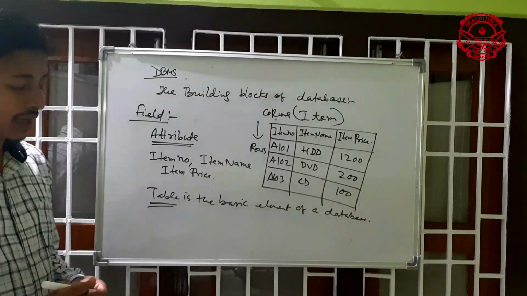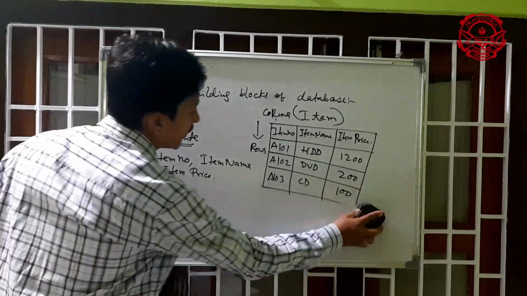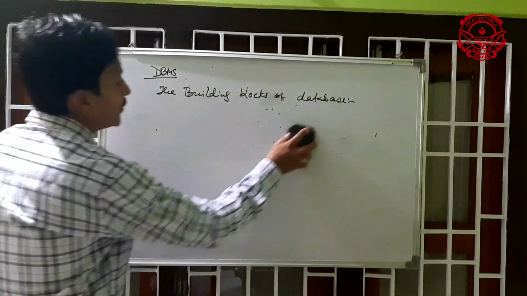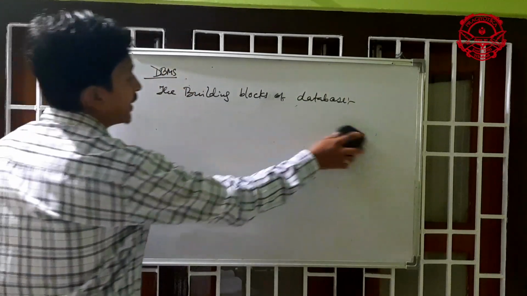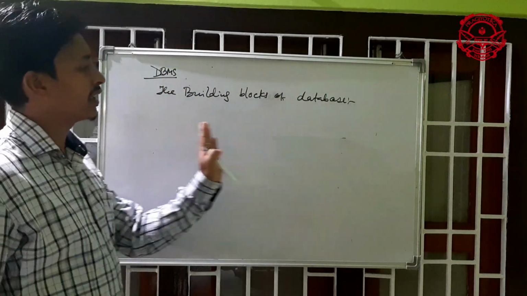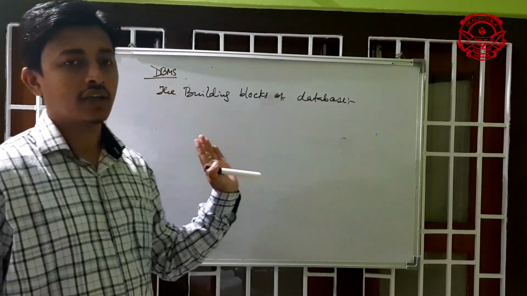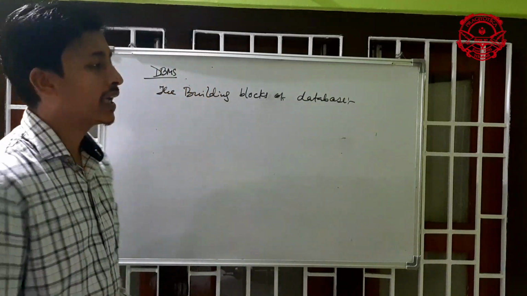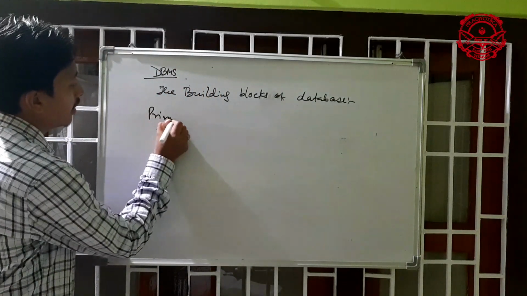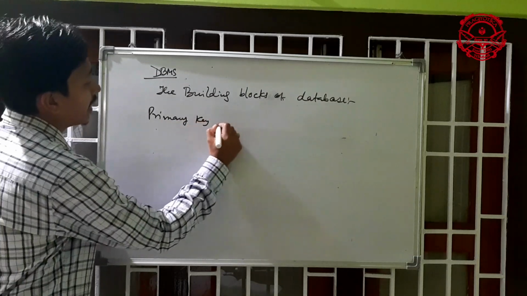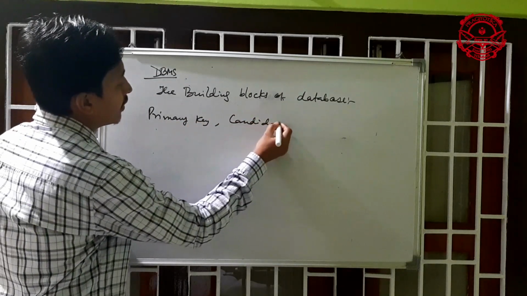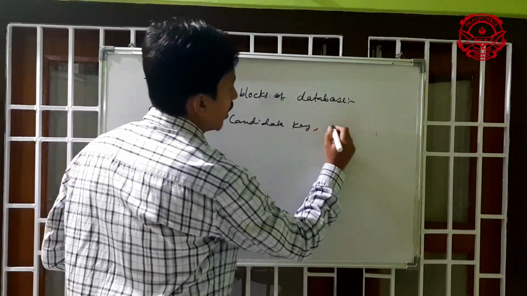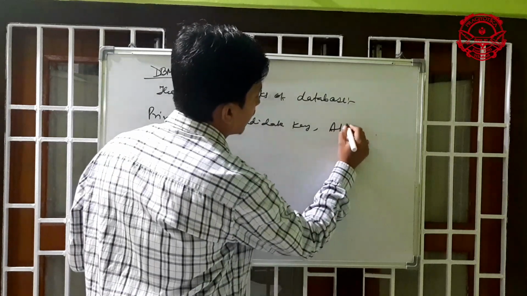Next thing, in every database, all the information is saved in the form of tables. So it is clear now. Now come to the point of primary key, candidate key, alternate key.